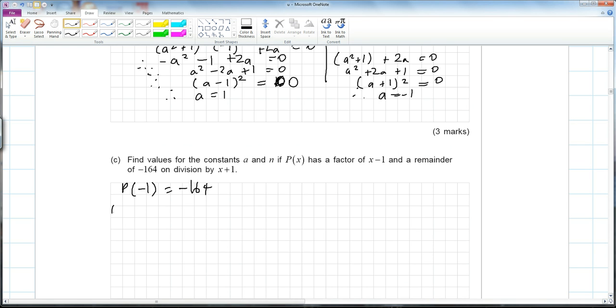So firstly, if n is odd, then we know that a is equal to 1.